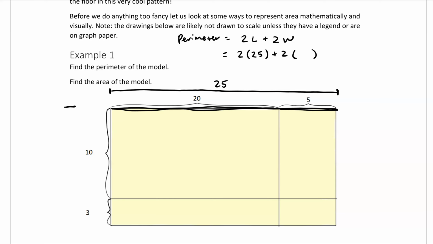Now, the width is the measurement from here to here, and we know that the first part is 10 and the second part is 3, so the total measurement is going to be 13 because we add 10 plus 3 together to get 13. So I'm going to put 13 inside my parentheses, and we're going to simplify that.